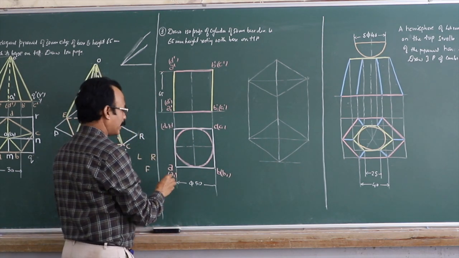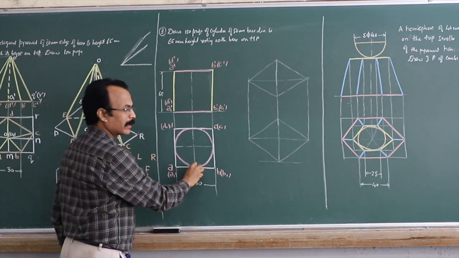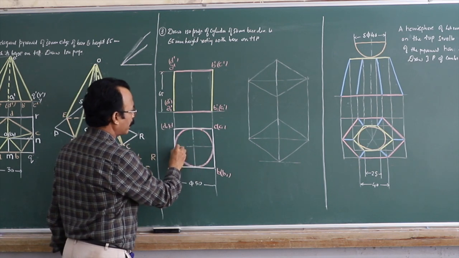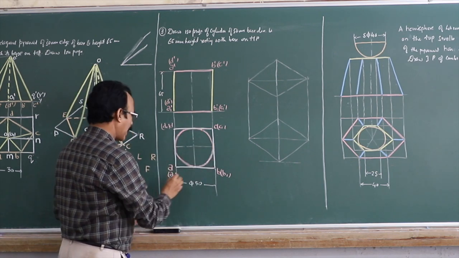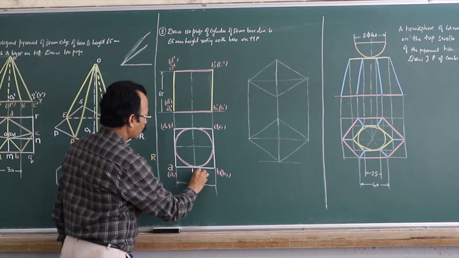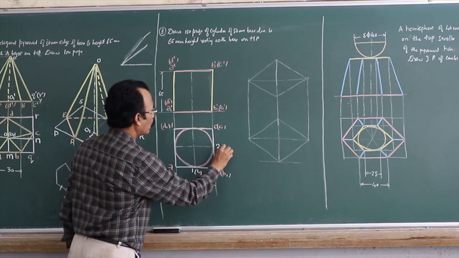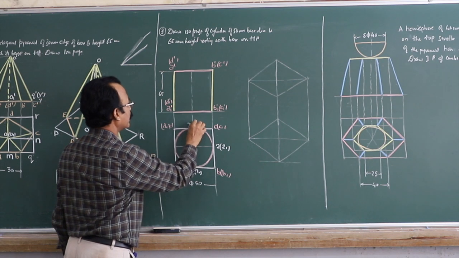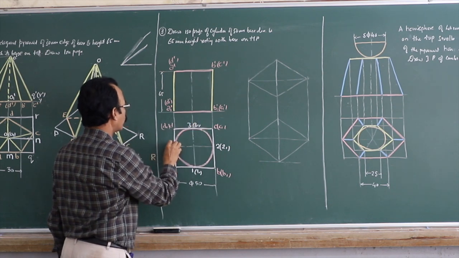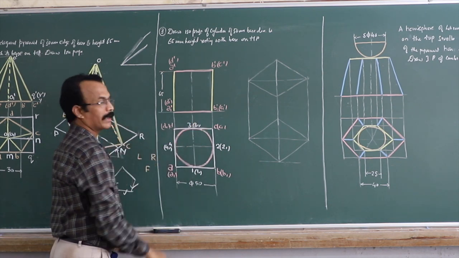Then you mark these midpoints, right? So draw the vertical dia and the horizontal dia. You will have 1, 1 dash, 2, 2 dash, 3, 3 dash, 4 and 4 dash here.